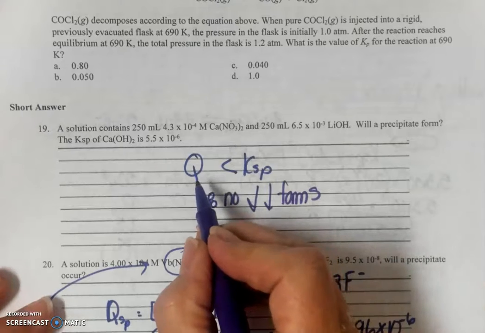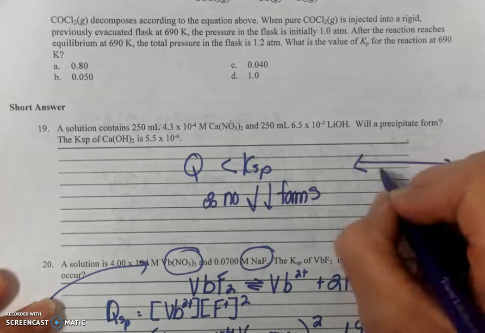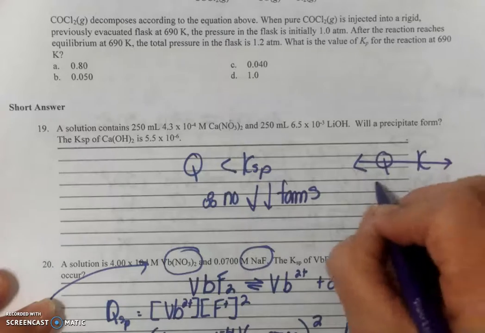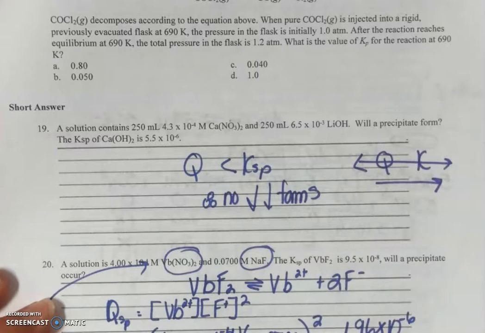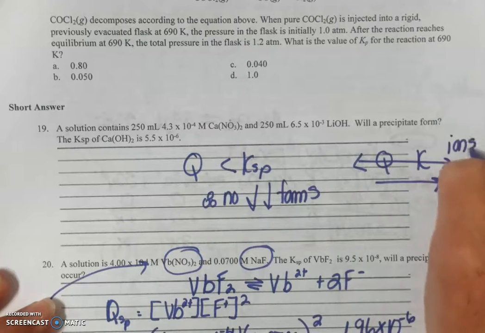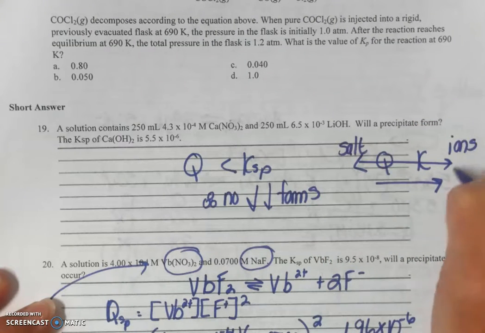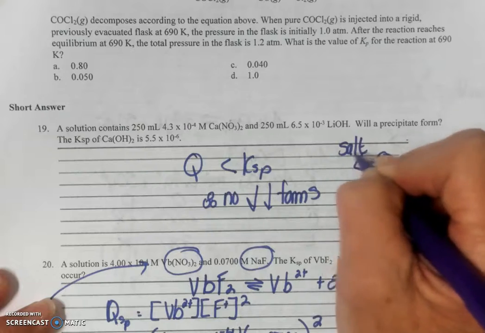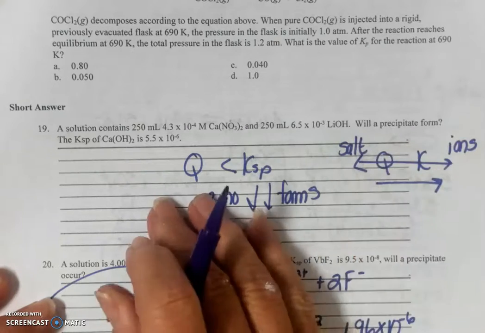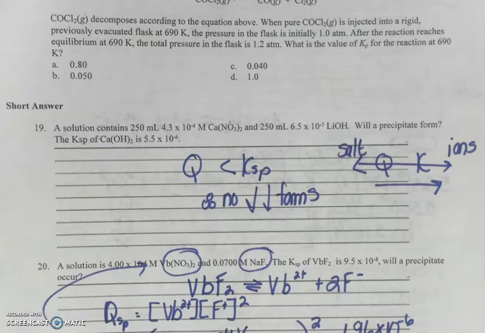Because remember that if Q is less than K, it's going to shift to products. That means more products is more ions. Ions are on this side, salt is over here. This is shifting towards ions, so it's dissolving. This way, we're shifting towards salt with the precipitate. So we're shifting in this direction, therefore no precipitate forms.